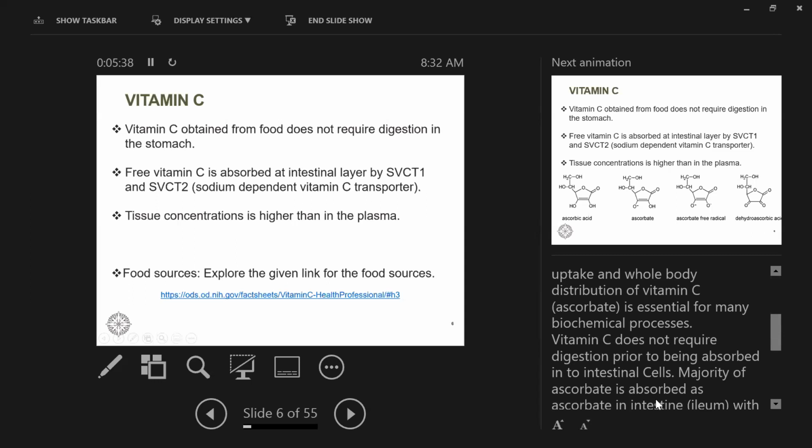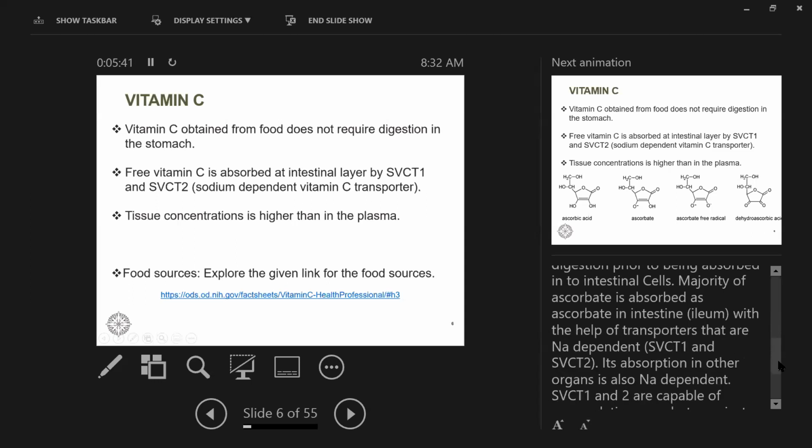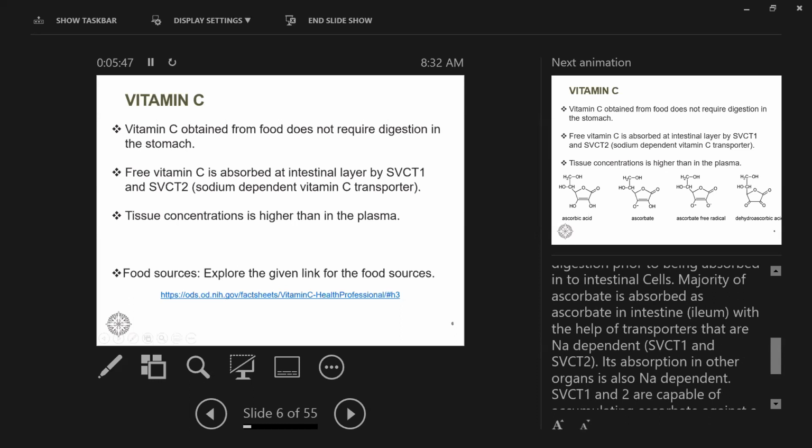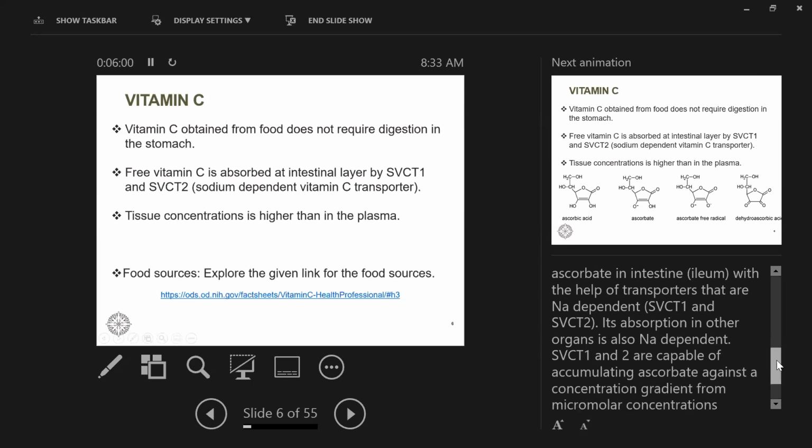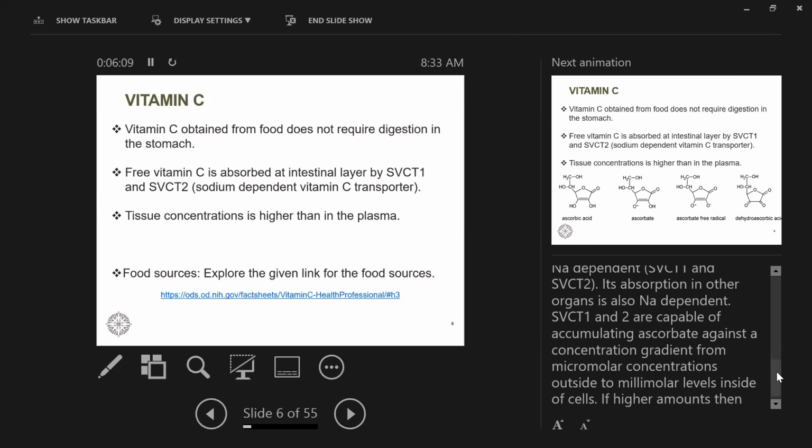And majority of ascorbate is absorbed in the intestine, and it happens mainly in the ileum. And here we have specialized sodium dependent vitamin C transporters. So you can see how crucial is sodium, because we studied that it is important for protein last week, and today we are talking about it in regard to absorbing vitamin C.